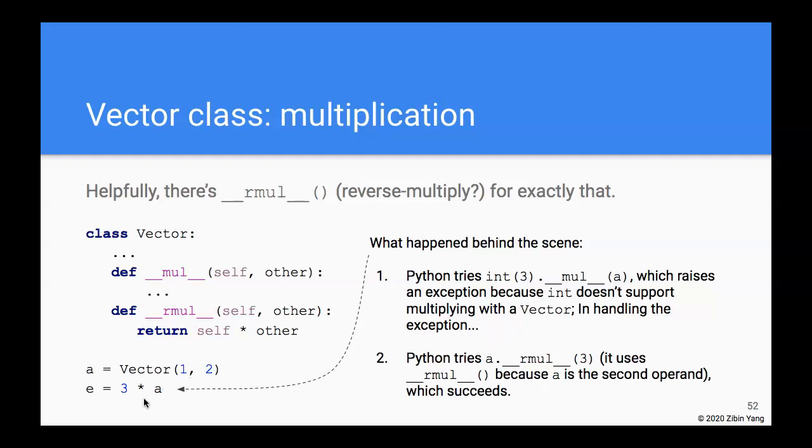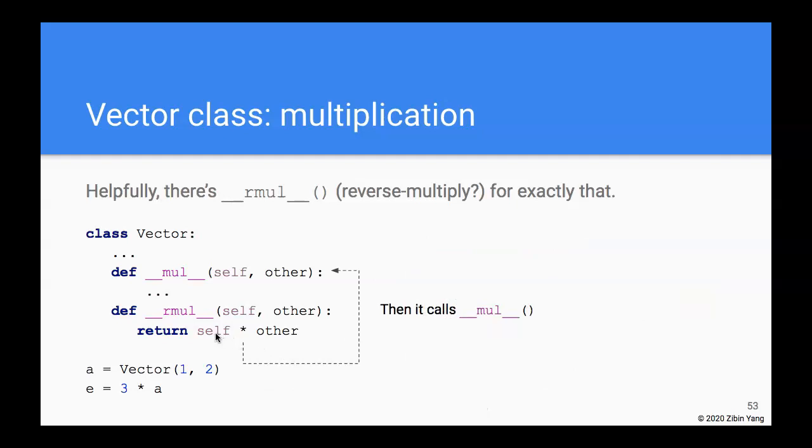It goes to the second operand, in this case the vector, and tries to call the second operand's dunder rmul method. In this case, we define it, and it will do the thing that we wanted and succeed. Inside rmul, we call the regular multiplication because we want the multiplication to be commutative, so we can switch the order of these two operands.